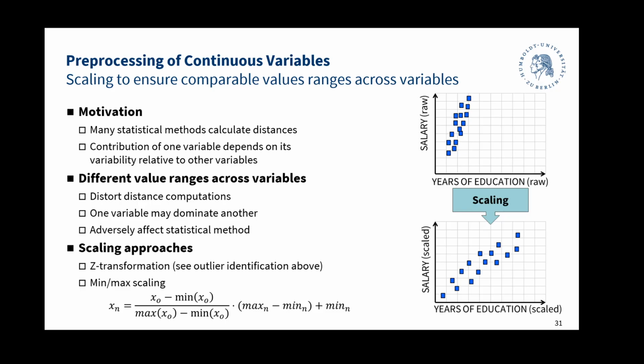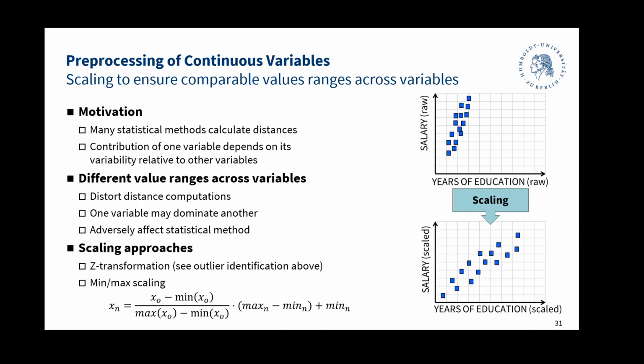Check that out. If you have a value like x_o, your original value, where o denotes original, and you subtract the minimum of the corresponding variable, then if this value x was the actual minimum, you obtain a 0. So this is how the smallest value possible here is 0. And if it was actually the maximum value, which is the other extreme, then you basically have the max of x_o minus the min over the max of x_o minus the min.